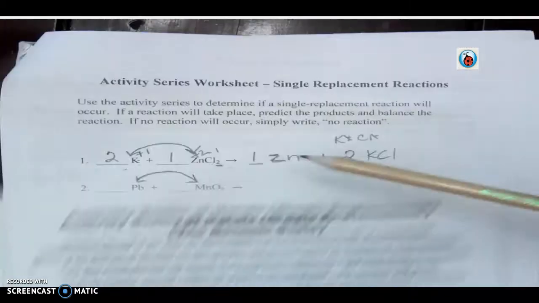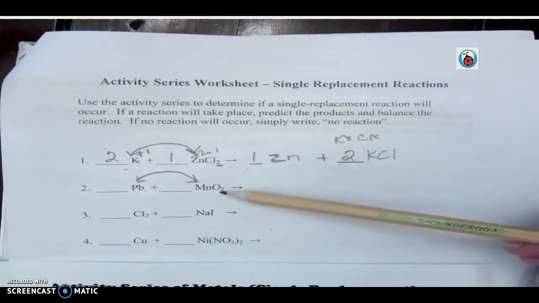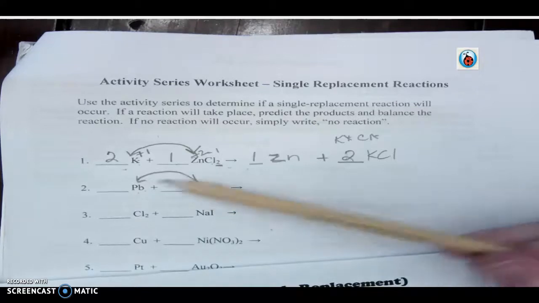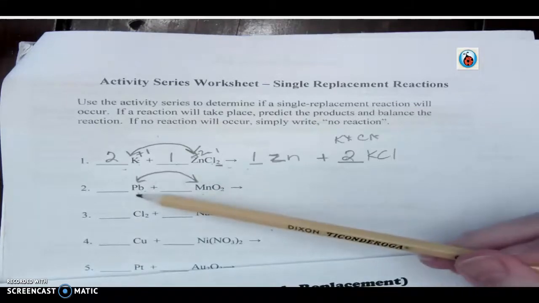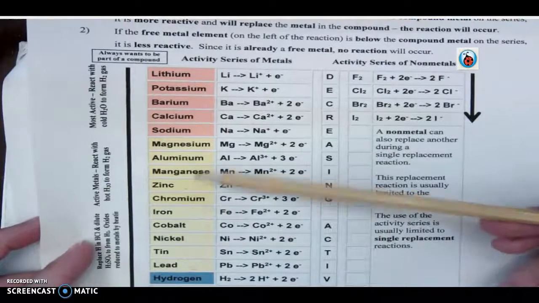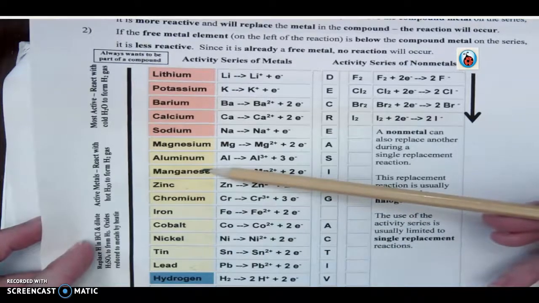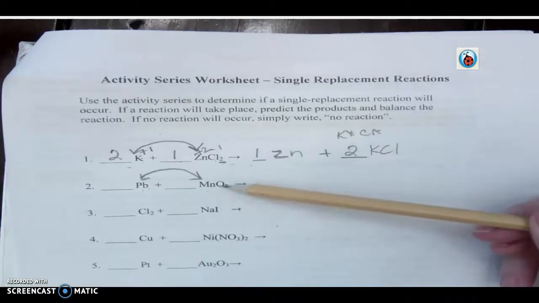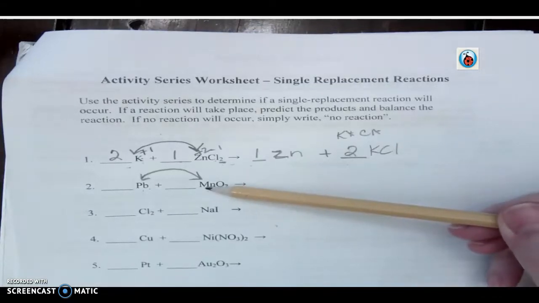So let's look. Current boyfriend is Mr. Manganese. Who's higher up in our activity series, lead or manganese? Well, we just looked at that. Manganese is higher up than lead. So we will never trade down. We only want to trade up to a hotter element. So looking at this, Miss Oxygen is going to stay with Mr. Manganese.